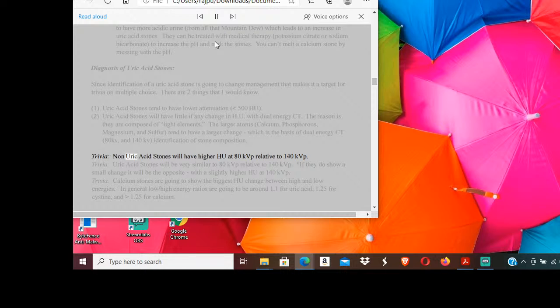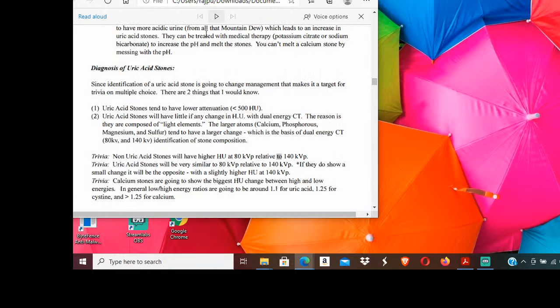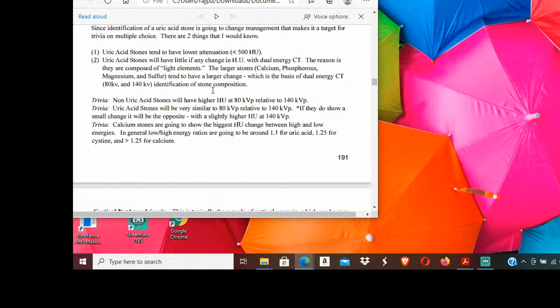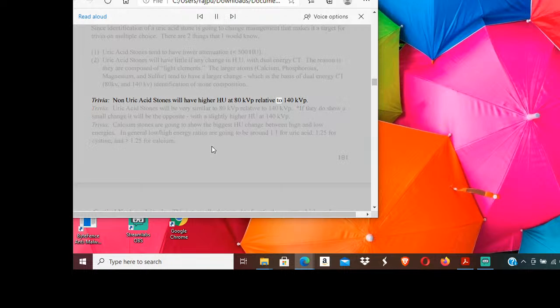Trivia: non-uric acid stones will have higher HU at 80 kVp relative to 140 kVp.